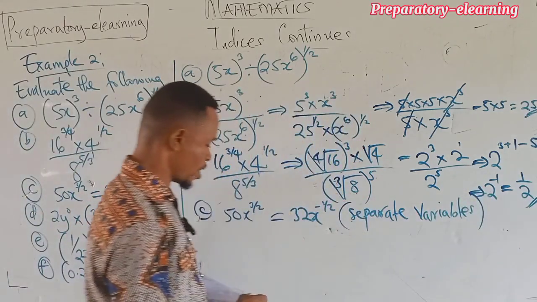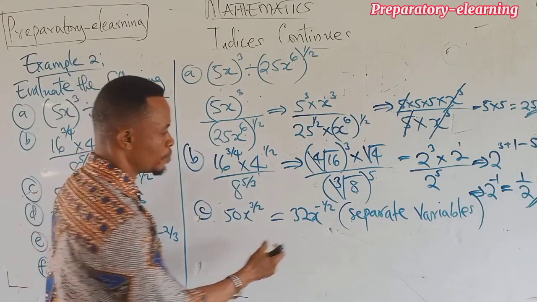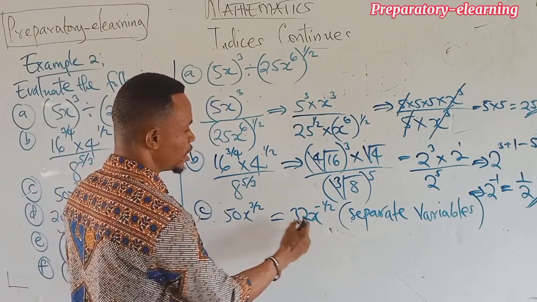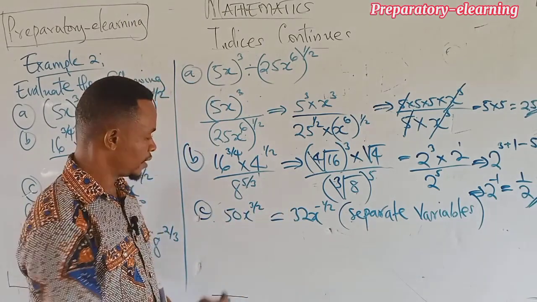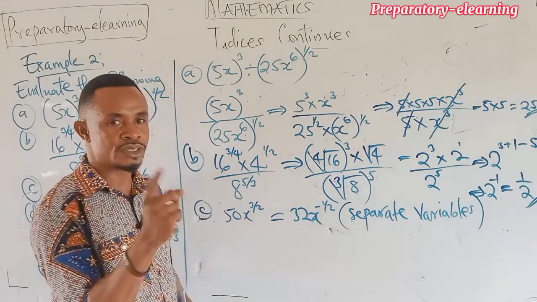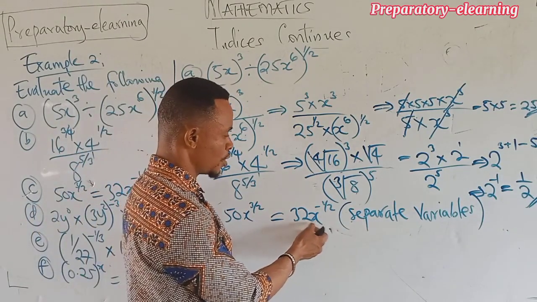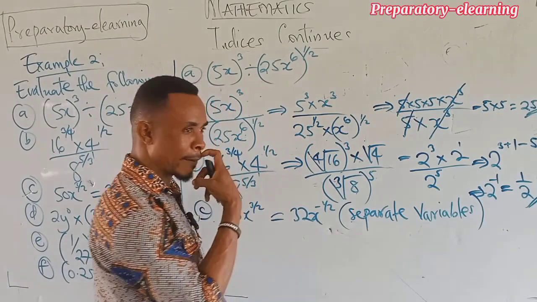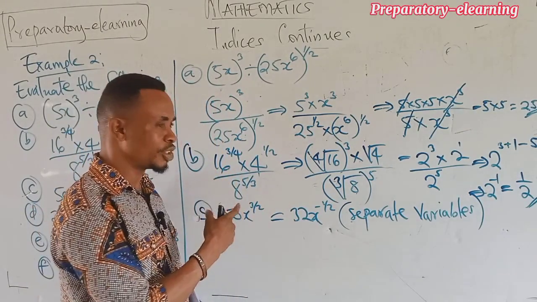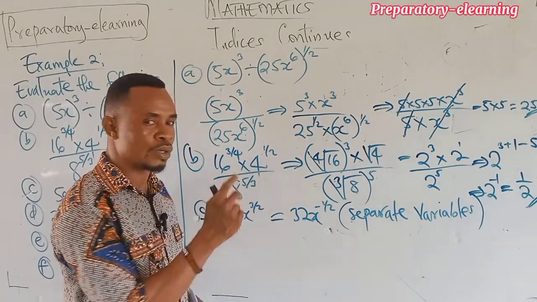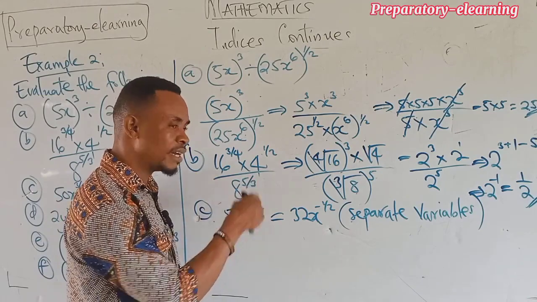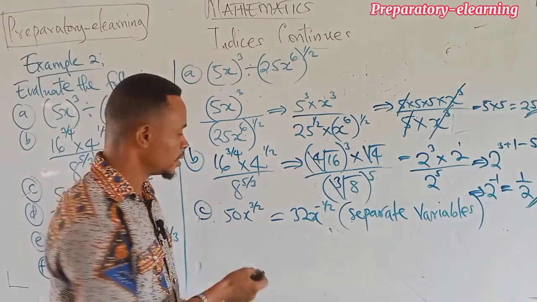Look at it. You bring x to x and 50 to 32. Now, we must know that there is no sign separating 50 and x. And there is no sign separating 32 and x. But there's one sign that is there, which is multiplication, not minus or plus. There is no minus or plus sign separating this, but there is a multiplication sign invisible separating this.